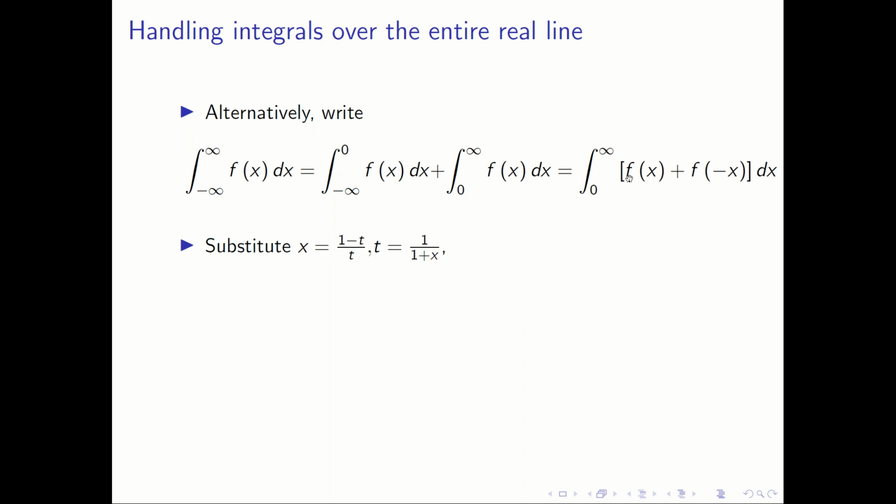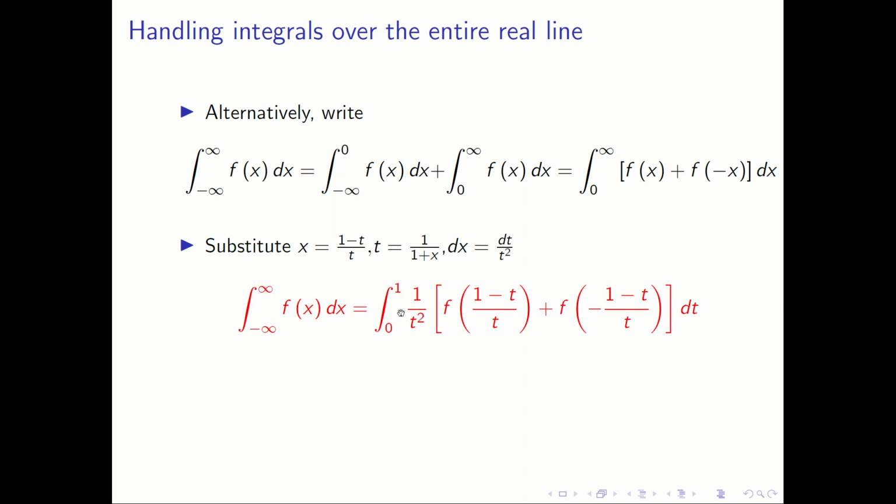So at x equal to 0, which is the lower limit here, t is 1, and at x equal to infinity, t is 0. dx by dt is 1 by t square, pretty straightforward to calculate, because x is of course 1 by t minus 1, but there is a minus sign here, sorry, I messed that up. dx by dt is minus 1 by t square, so dx is minus dt by t square.